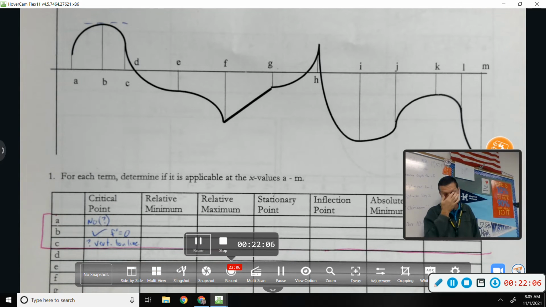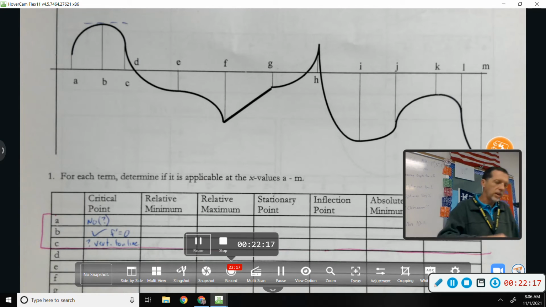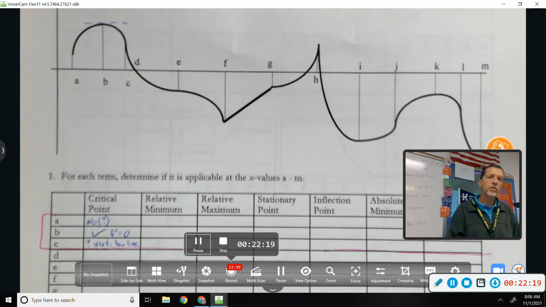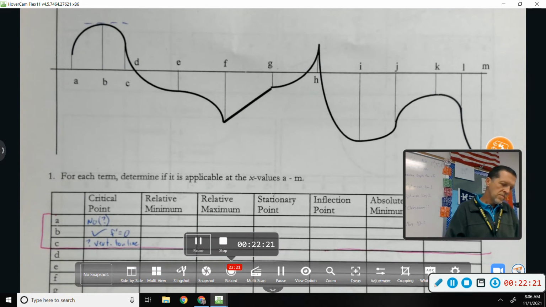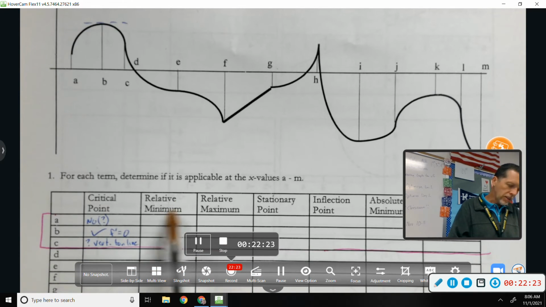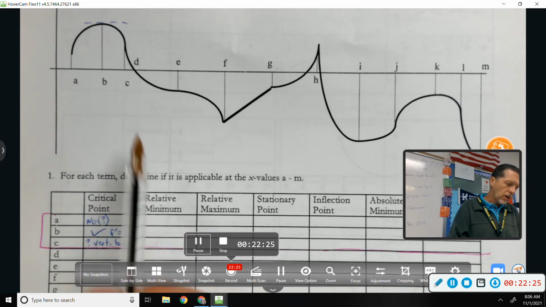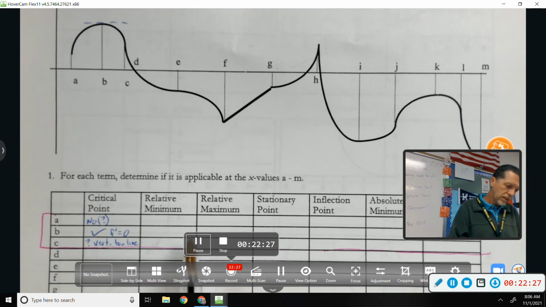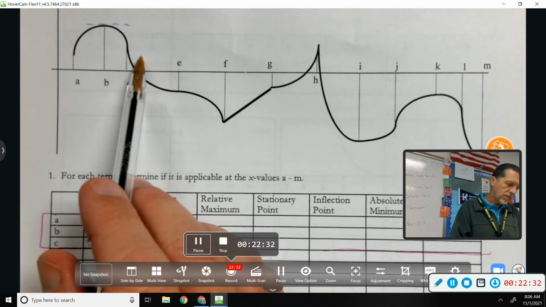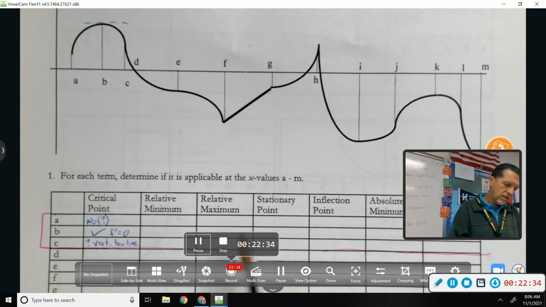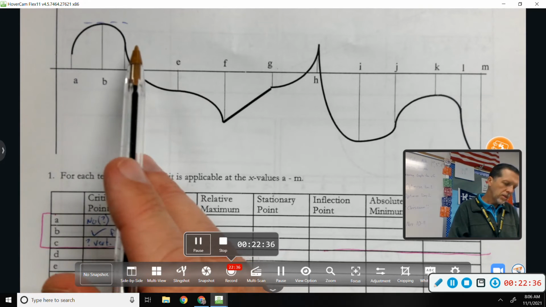If it's a vertical tangent line, what's the derivative at a vertical tangent line? What's the slope of a vertical tangent line? Undefined. So that might be a critical point if that's a vertical tangent line at C. All right, let's move over to relative minimum. Are A, B, or C a relative minimum? No. A, B, C a relative maximum?